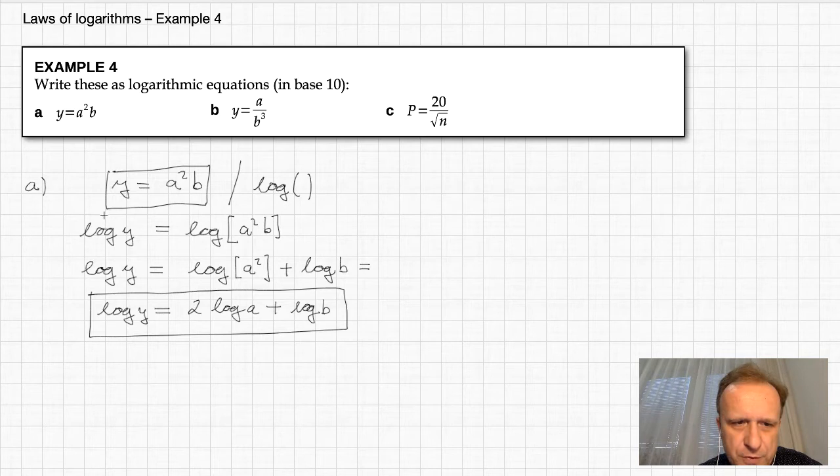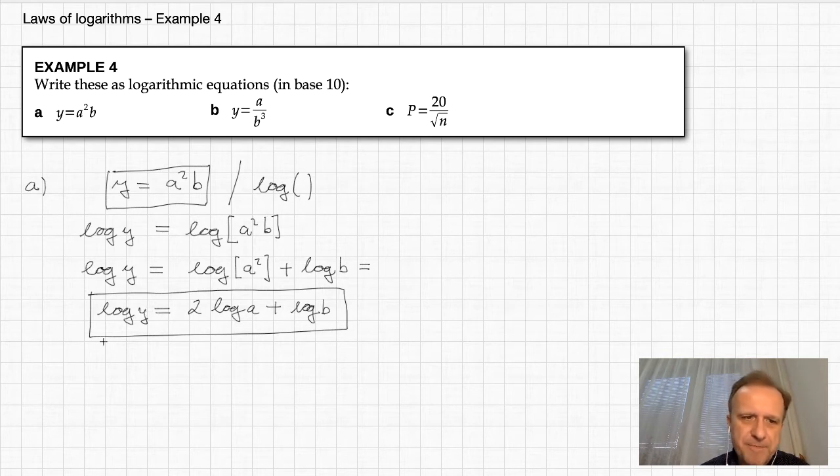So if you know that two logarithms are equal, then it means that the numbers they are taken from are also equal. This has to do with the fact that logarithm is a one-to-one function. So this is equivalent to this, having supposed that all the variables there are positive. So it's just a different way how to write an equation, and sometimes it may be very helpful, as we will see later on.